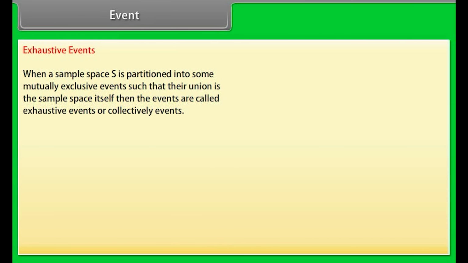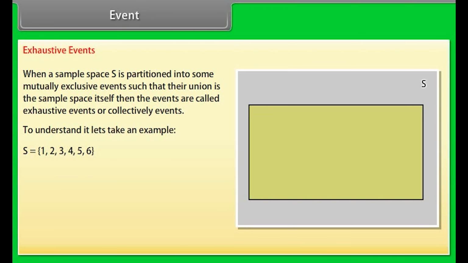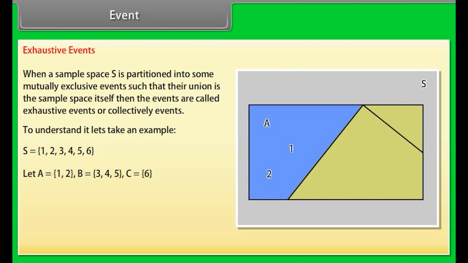Exhaustive events. When a sample space S is partitioned into some mutually exclusive events such that their union is the sample space itself, then the events are called exhaustive events or collectively exhaustive events. To understand it, let's take an example. S is equal to 1, 2, 3, 4, 5, 6. Let A is equal to 1, 2.